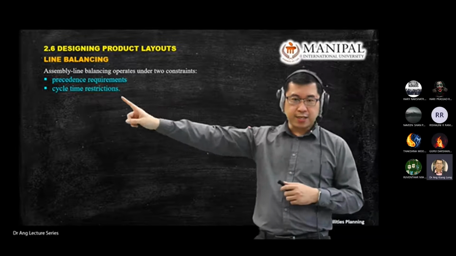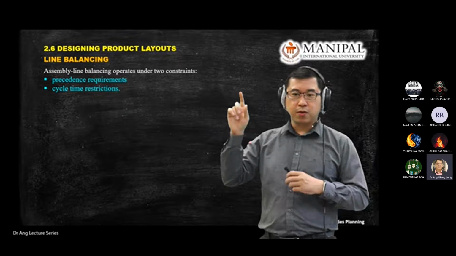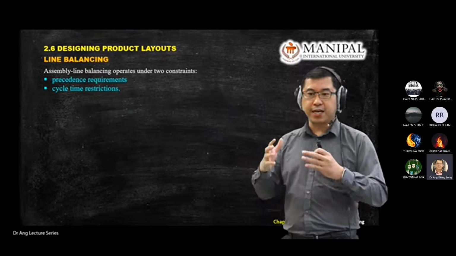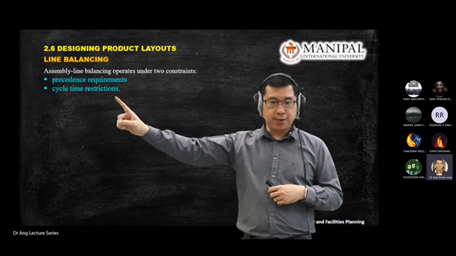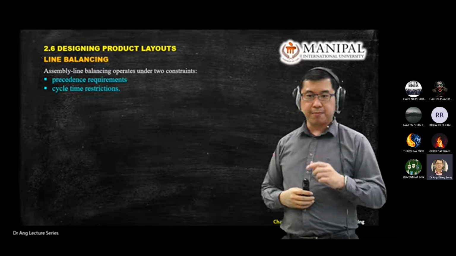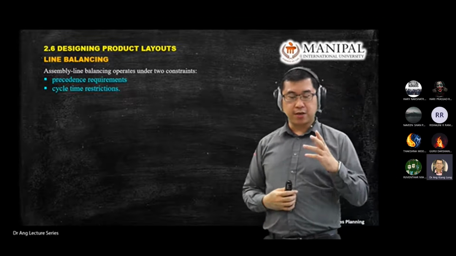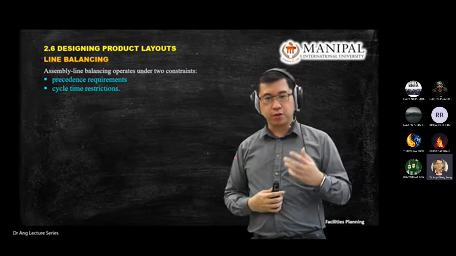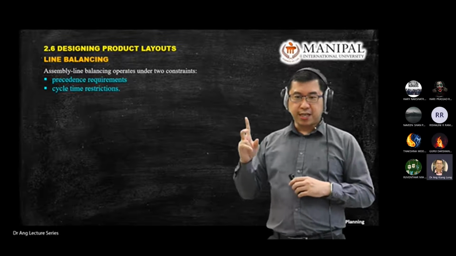And the next one is time. There are two things. One is the precedence requirement: what you need to do first, what processes are important to go through first. Another one is the cycle time, or the time element. When you do line balancing later, when you look at the tutorial question, consider these two things. What do you need to do first?